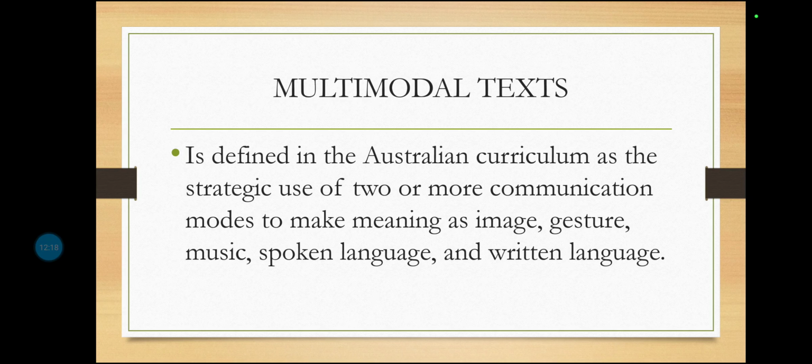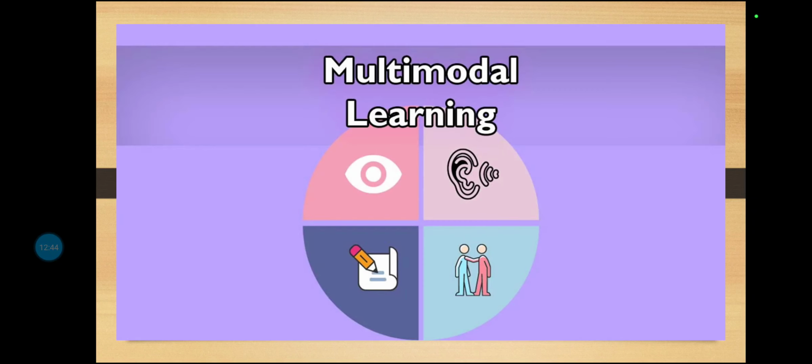A multimodal text can also be live, so it's a performance or an event. Multimodal with the performance because they make use of the images when they project on their screen what they have to project, and then of course they need to integrate other spoken language along with music for an aesthetic value.